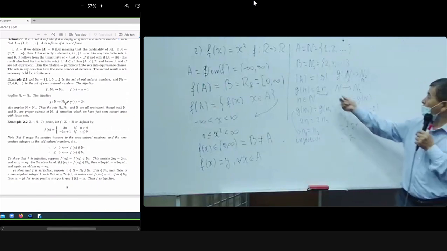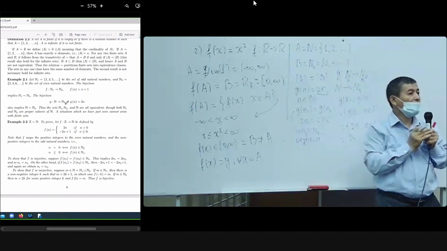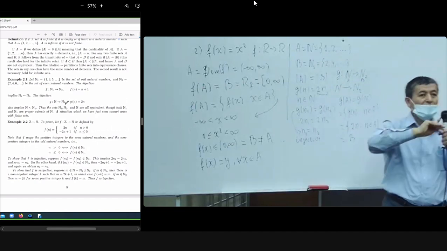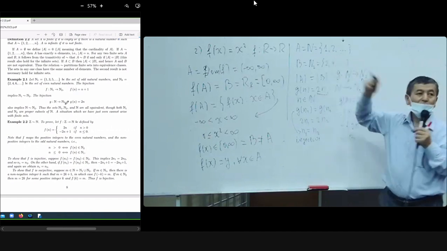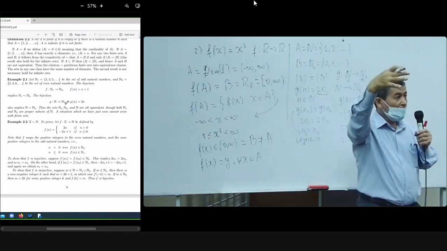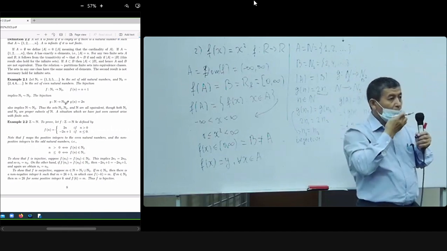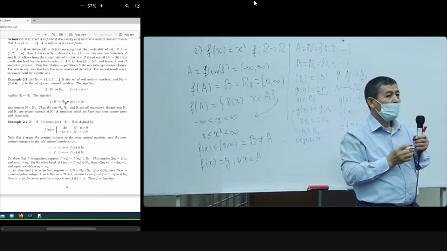If there is a bijective function, then these two sets are equivalent. So you see, even though the natural number set is twice, double that of B, in terms of equivalence, they are equal. Okay?